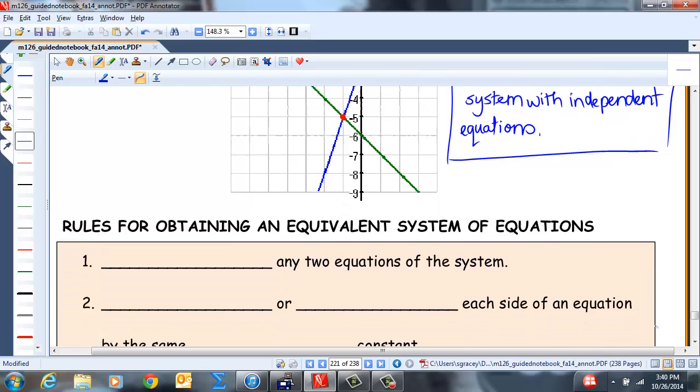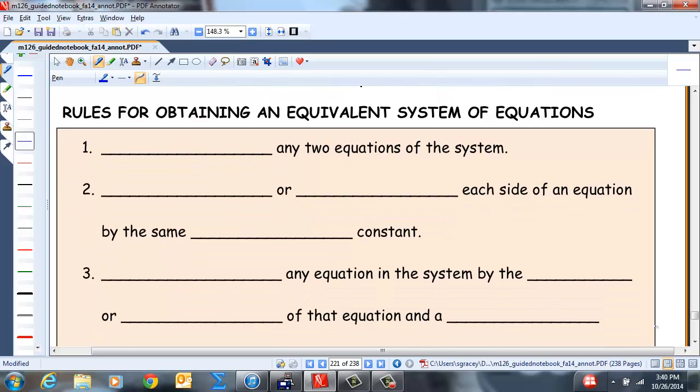So rules for obtaining an equivalent system of equations. You can interchange any two equations. You can multiply or divide each side of an equation, so you don't have to do it to every equation in the system, and you can do this by the same non-zero constant.